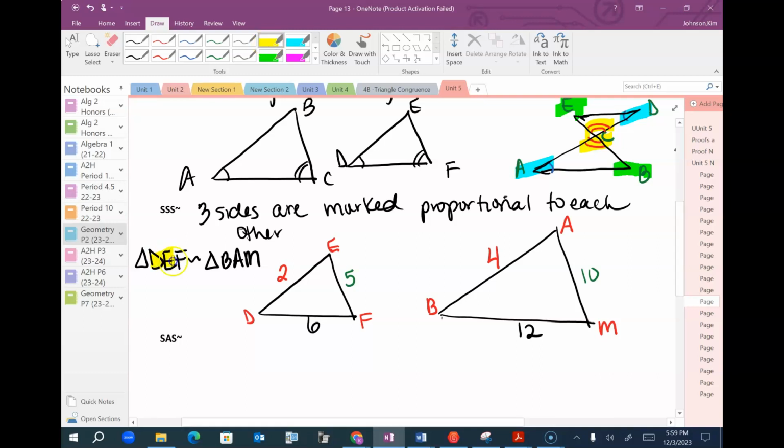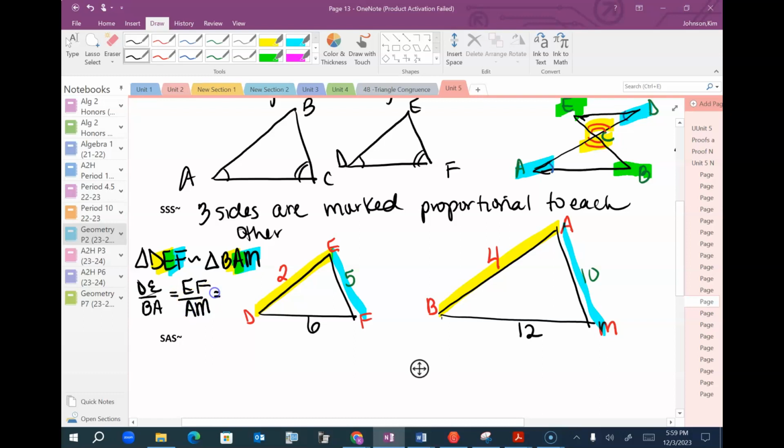So I'm going to check DE over BA. That ratio has to be the same as the ratio of EF to AM.